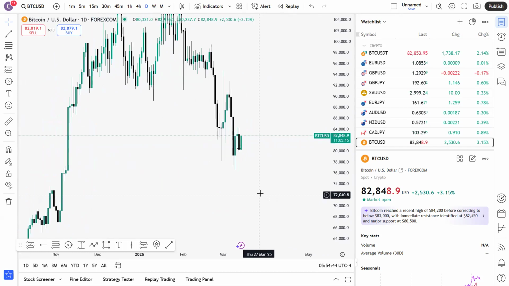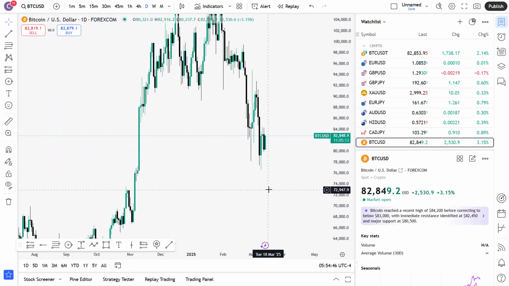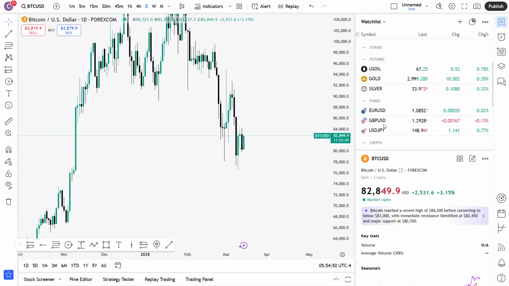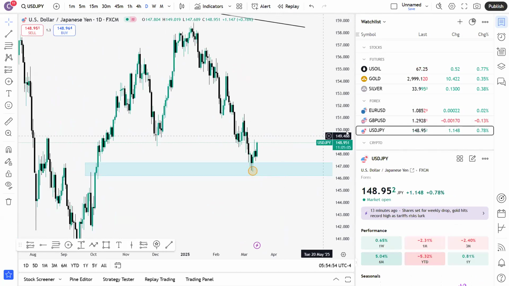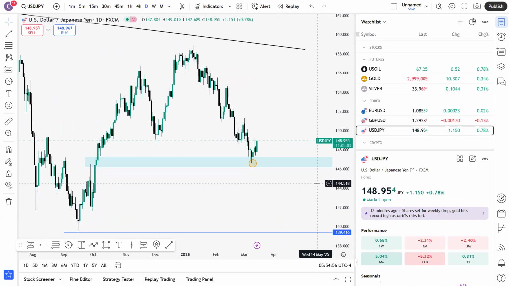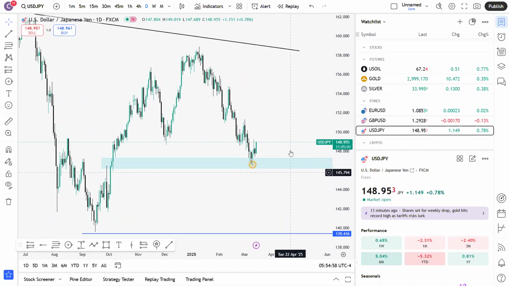Sir, can you go for USD JPY? I'll have to analyze every currency for you. USD JPY is what is being asked. Of course, we know that USD JPY too should buy because the dollar is repricing into internal range.